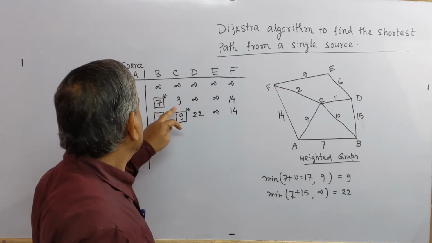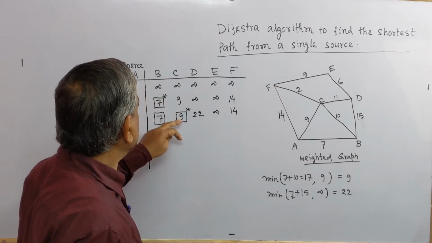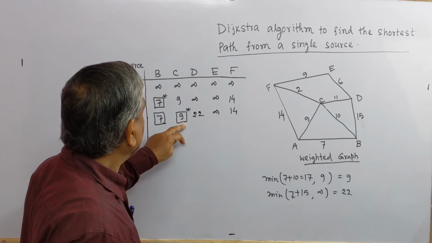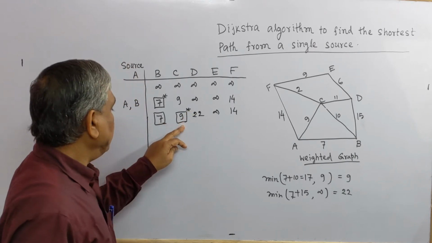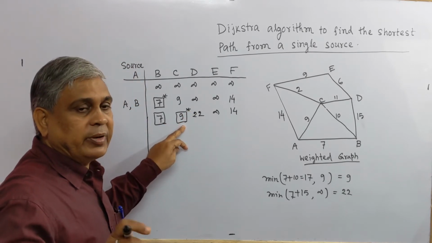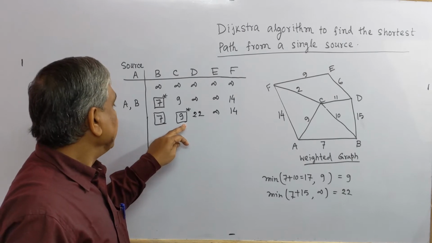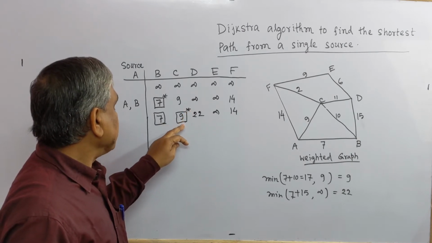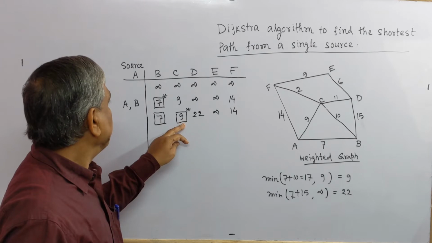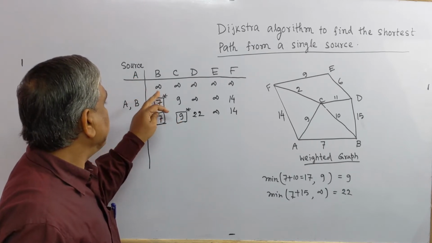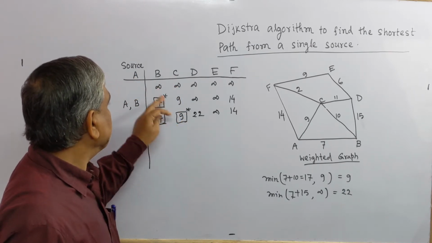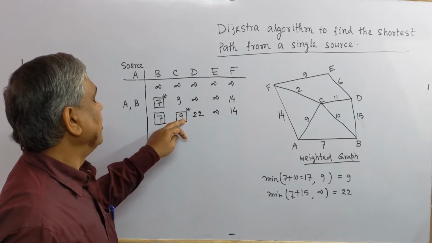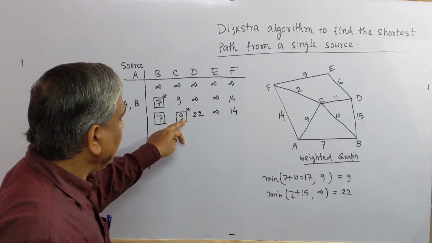As the distance from A to C is 9, because I have already told that the asterisk mark denotes the distance from A to that vertex, A to C is 9.